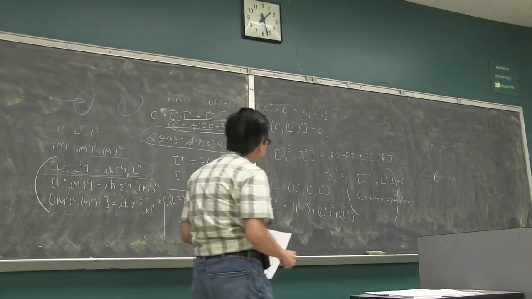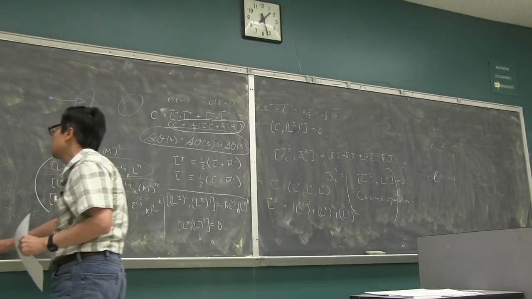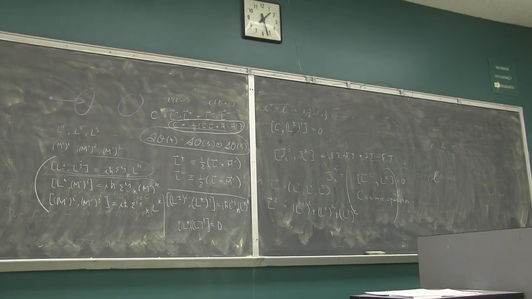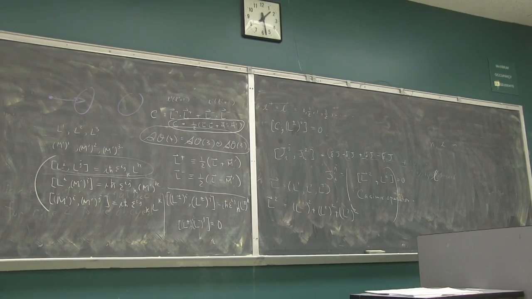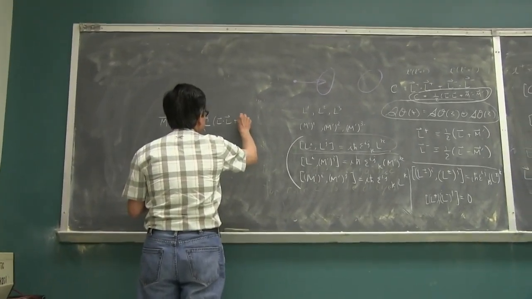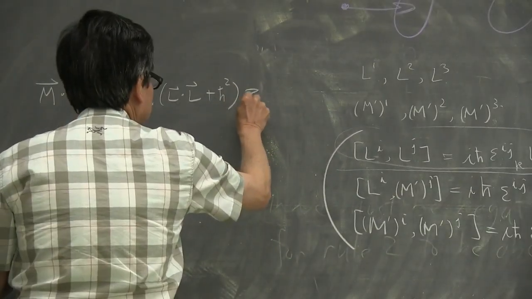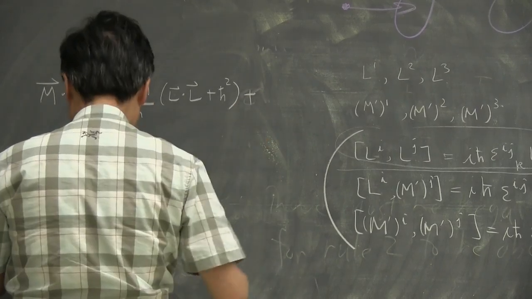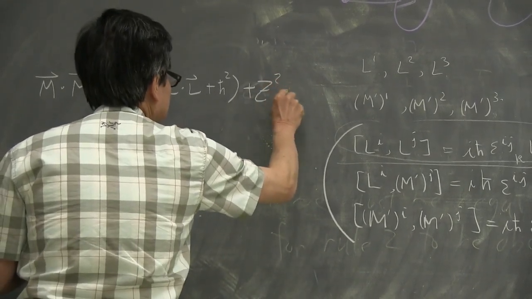Okay. The other important relationship is this: that making use of the definition of the Casimir operator and that of the Runge-Lenz vector, of course, quantum mechanically we can show this. H is the Hamiltonian here, M dot L plus H bar squared plus Z squared e to the fourth.